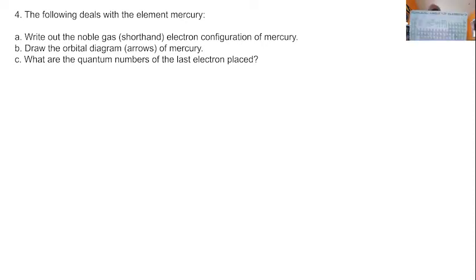And so this is a great chance to use your periodic table. So what element is mercury? What's the atomic number of mercury? 80. I'm looking for it myself. There it is. Yeah, 80. So mercury is 80. So what's the next smallest noble gas?